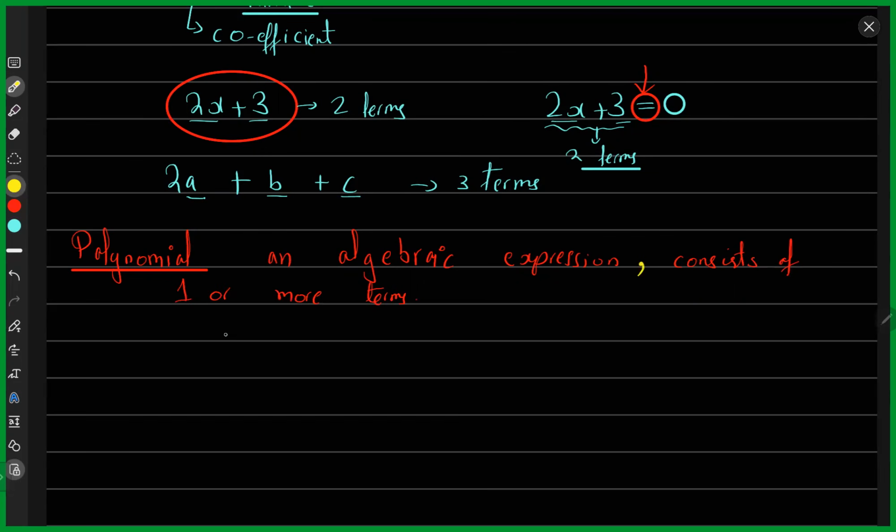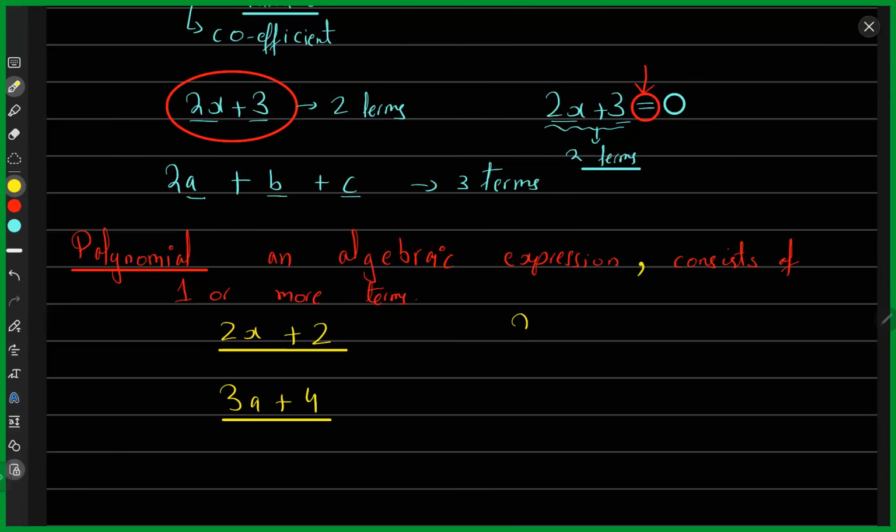For example, 2x is an algebraic expression. Why? Because it has x. This is a polynomial. 2x plus 2 is again a polynomial because it is algebraic and it has two terms. If I talk about 3a plus 4, this is also a polynomial.